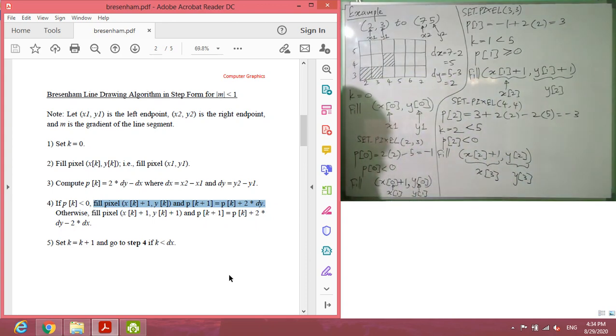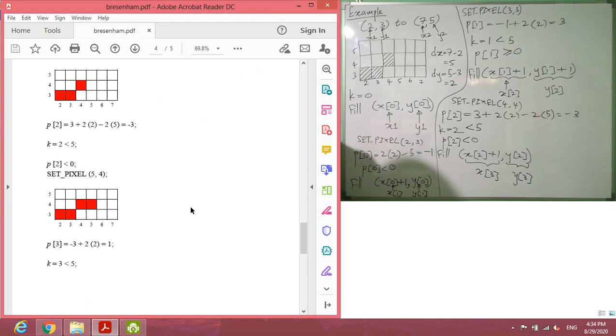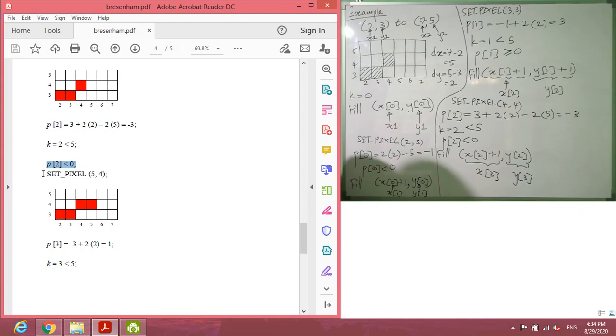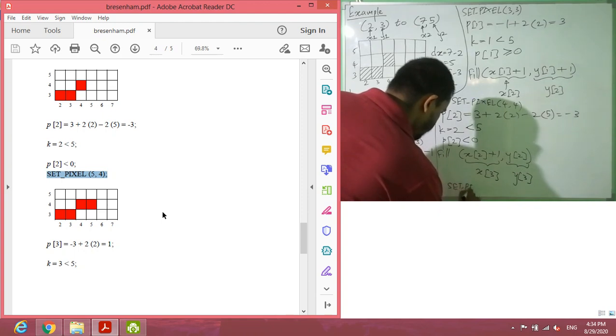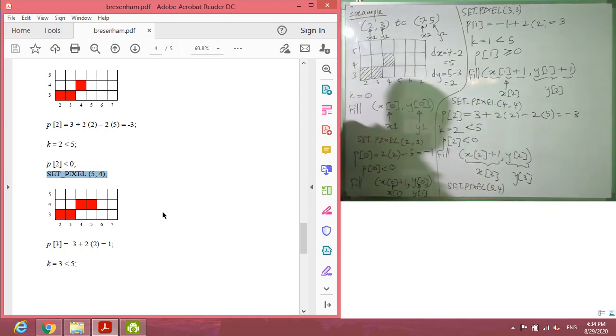Okay, now let's see this one. Then p2 less than 0, we have to set pixel 5 comma 4.